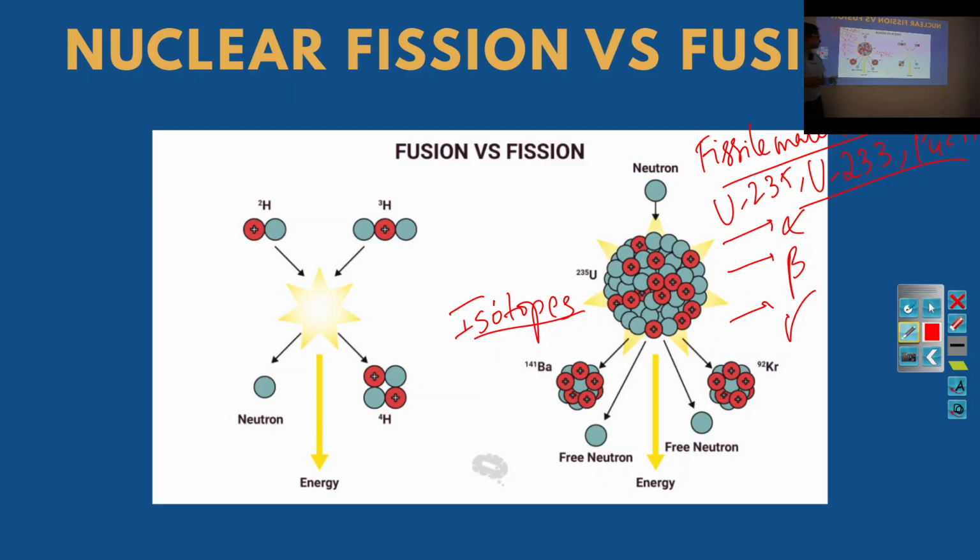For example, carbon has isotopes, carbon 12, carbon 14. Similarly uranium also, uranium 238, uranium 235, uranium 233. These are all isotopes. Okay. So these are fissile materials which are required for nuclear fission to take place.